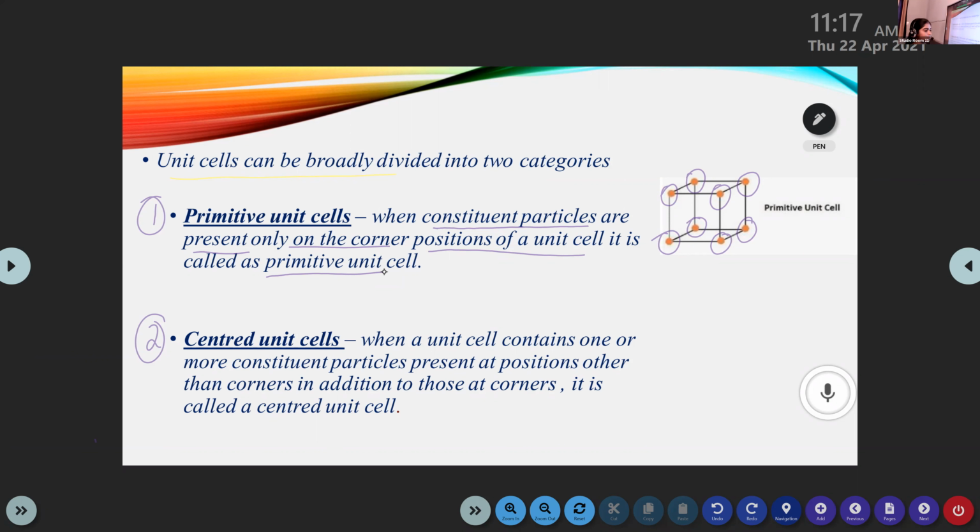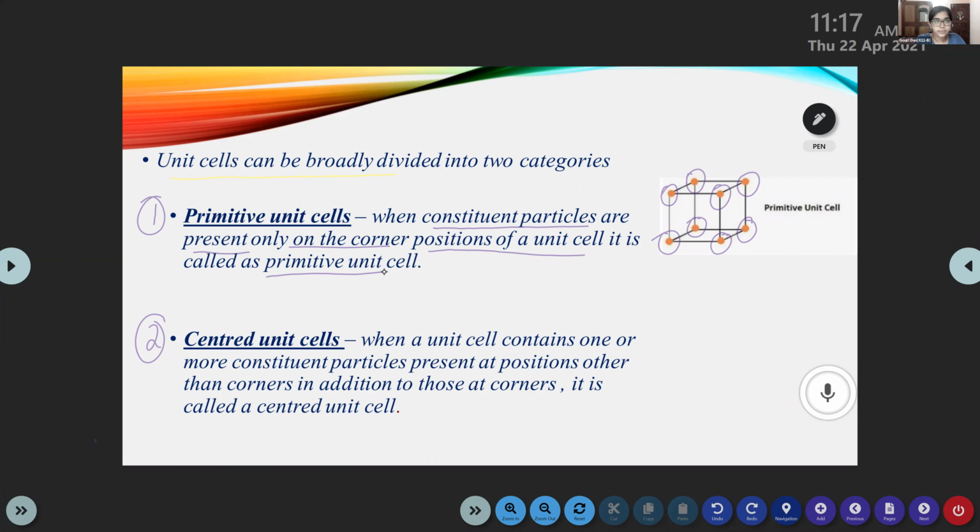It is called a primitive unit cell. This is clear?